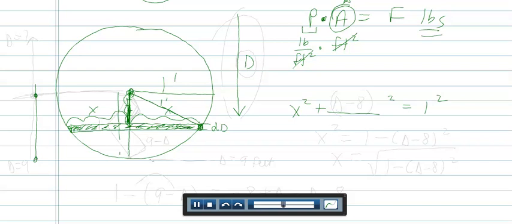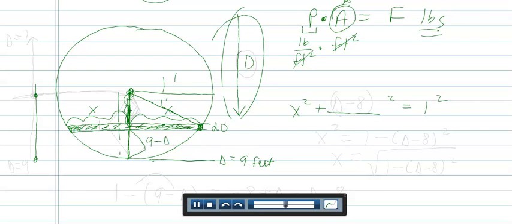Now, if I back up something here, however deep I actually am, we'll call it, I'm labeling that capital D for depth. So this distance here is the full 9 minus however deep I am at that particular stripe.